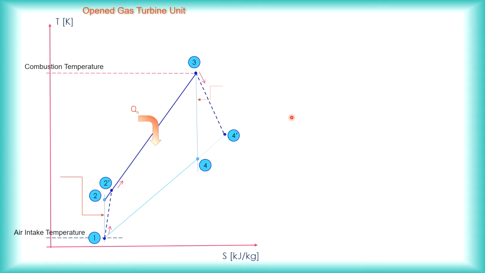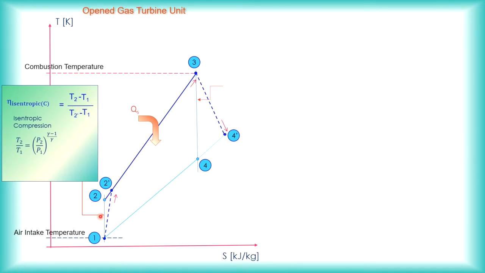For our studies it will be exhausted to the surroundings, because we are not looking at a combined power cycle yet. So that is how the actual cycle moves for the open gas turbine unit. It goes from 1 to 2 prime, 2 prime to 3, and from 3 to 4 prime.